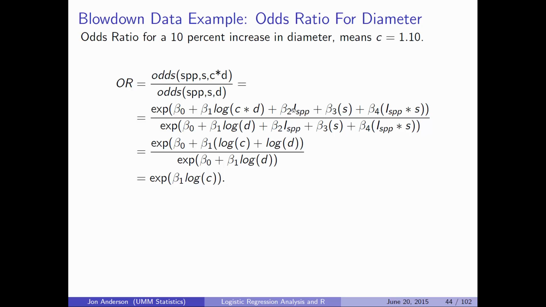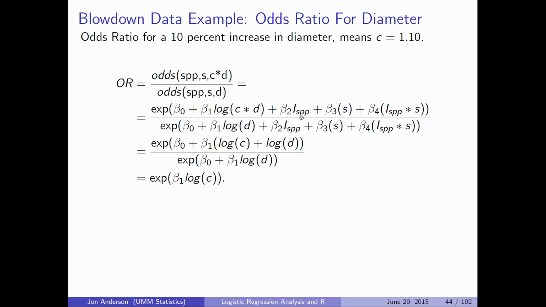We have a species indicator, a severity measure, and then the species by severity interaction piece. The denominator is for just a diameter d, with your logistic regression odds function, which is everything the same except you just have the log of diameter.